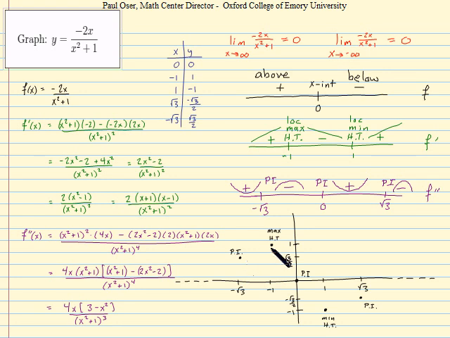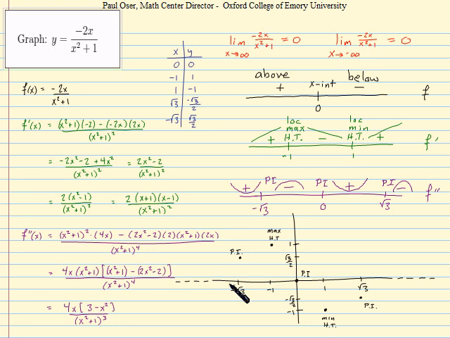Notice I've indicated graphically what's happening at all of these points from this analysis above. Now we can take it interval by interval. Consider the first interval from negative infinity up to negative square root of 3. Notice I need to be very close to my asymptote here, rising, right, above the x-axis, and doing so in a concave up way.